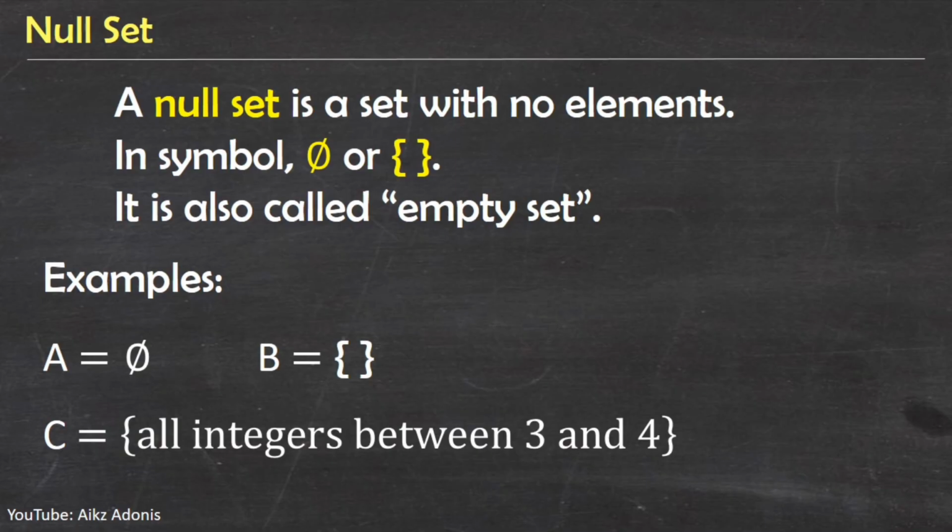When we say integer, it must be a whole number and can be written without a fractional component. So, 2.1 is not an integer. 2.5 is also not an integer. Therefore, there's no integer between 3 and 4. That's why set C is a null set.